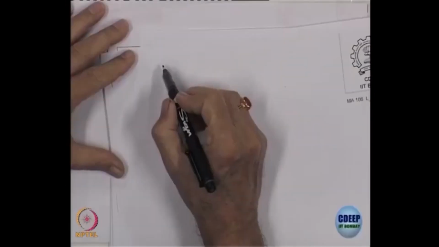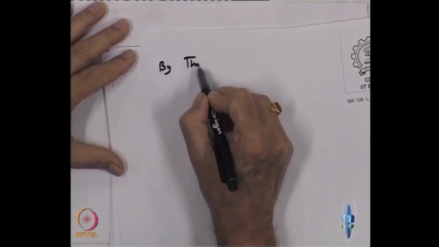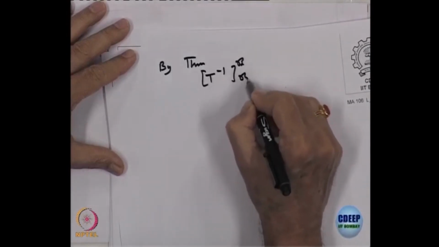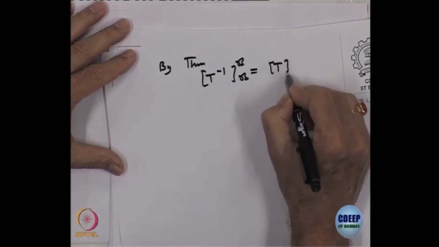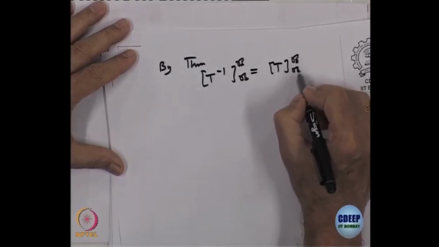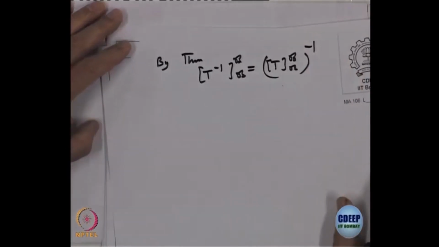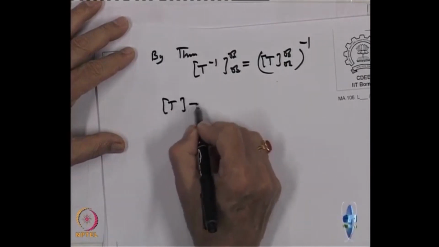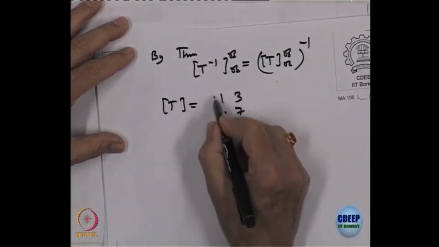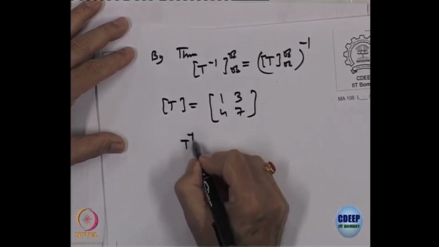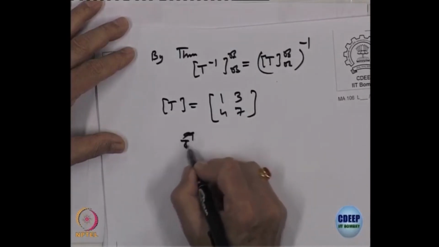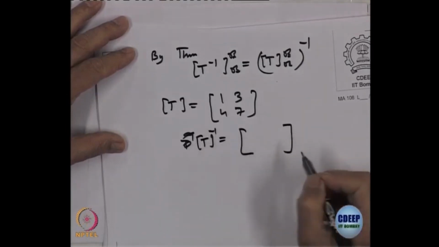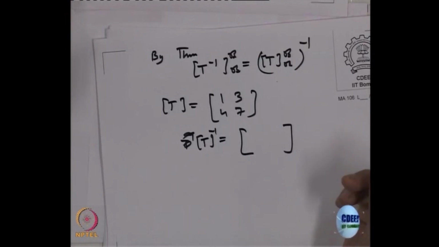So by the theorem, the matrix of T inverse is equal to, look at the matrix of T and find its inverse. This is the matrix of T we had, 1 3 4 7. I have to find its inverse, and we will find it because it is nice and simple.